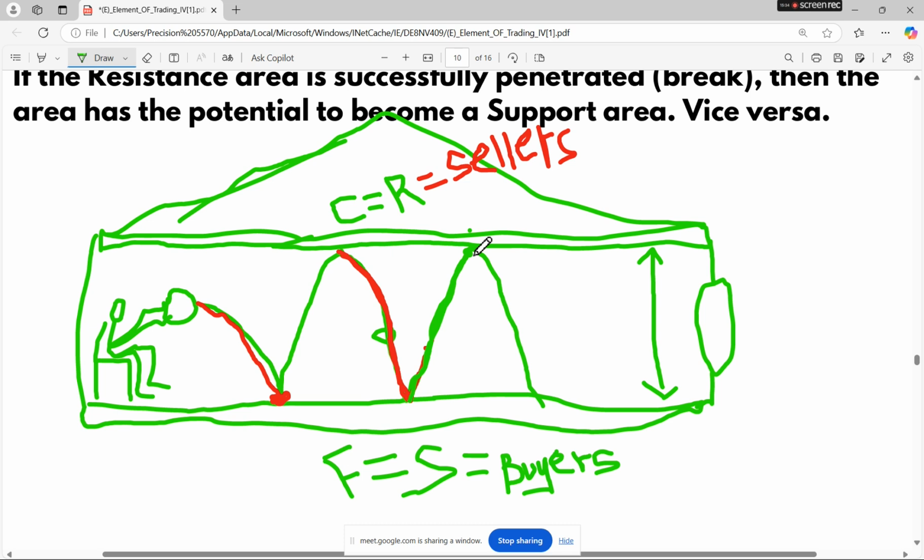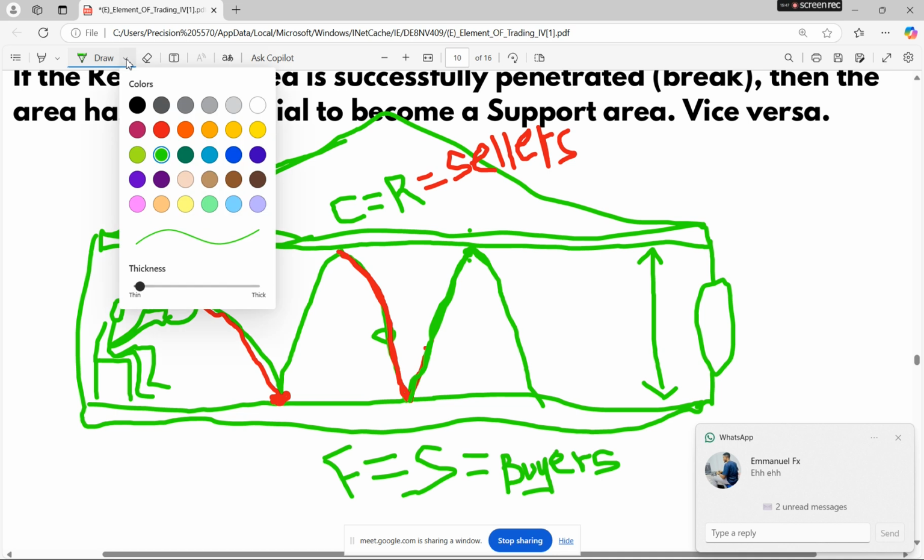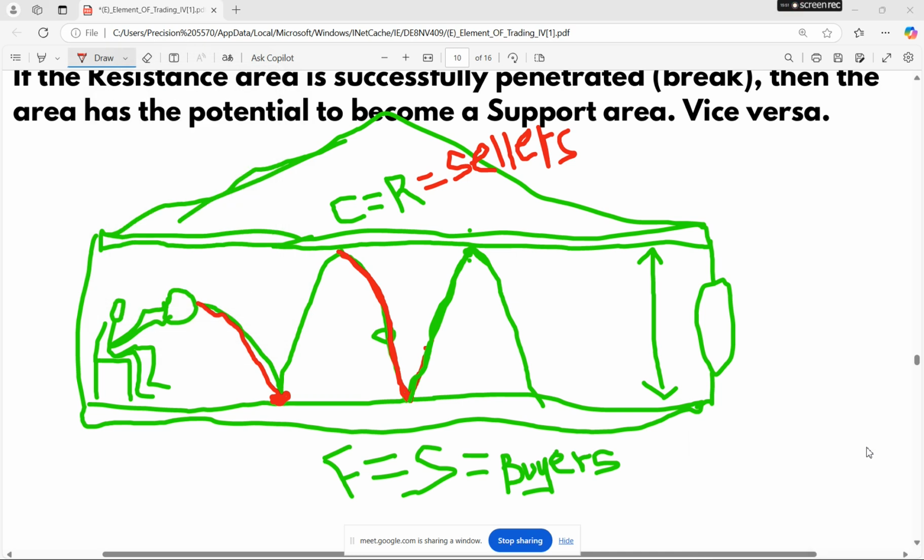So here, this market reached the resistance. After buyers pushed up, the market reached the resistance, and then sellers came in and started pushing the market down to come back to support.